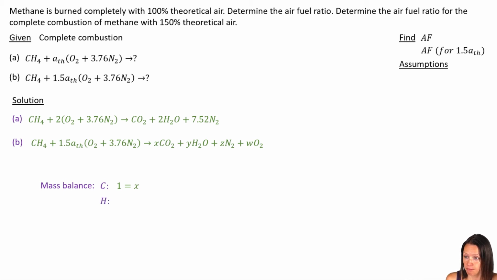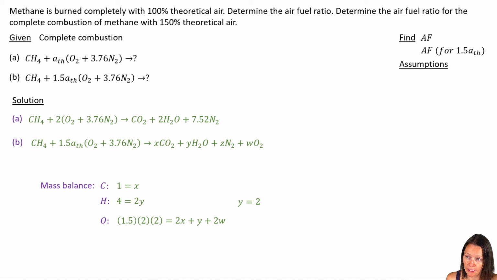For the hydrogen, things still haven't changed. I've got 4 on the left-hand side. I've got 2Y on the right-hand side. Now the oxygen will have changed because I've got a 1.5 in front of the dry air term. And I got Y is equal to 2 for the hydrogen. So for the oxygen, I've got 1.5 times the theoretical air, which I solved for in part A as 2, times 2, the subscript in the oxygen.